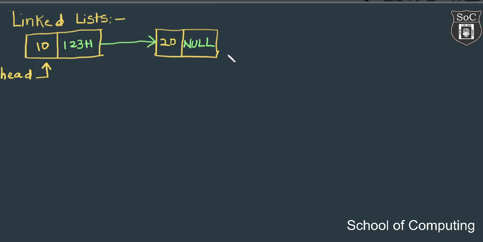So for example, I'll continue to create one more node. There are two nodes in the linked list. Now I wanted to create a new node. Whenever a new node gets created, there will be a pointer pointing to the new node.